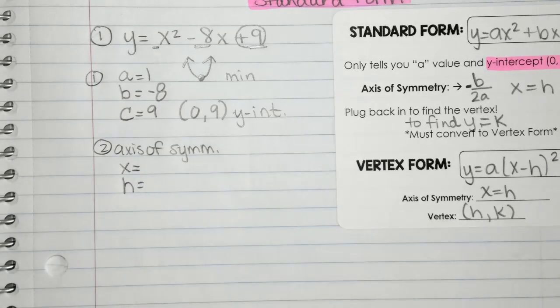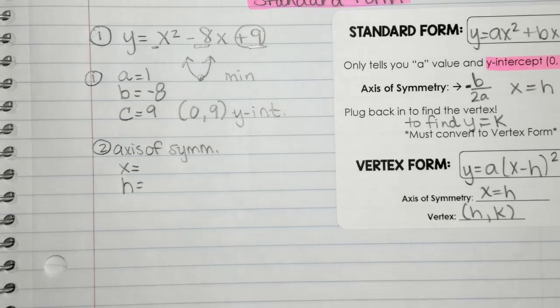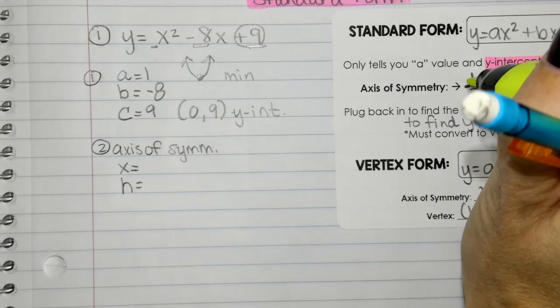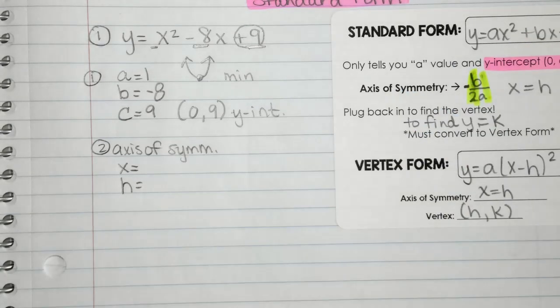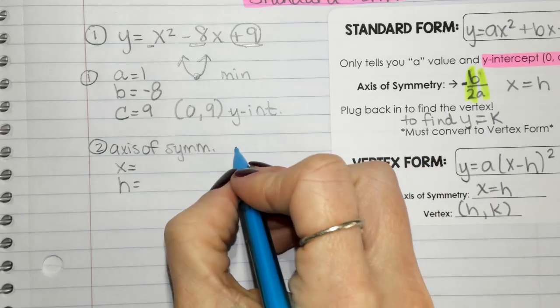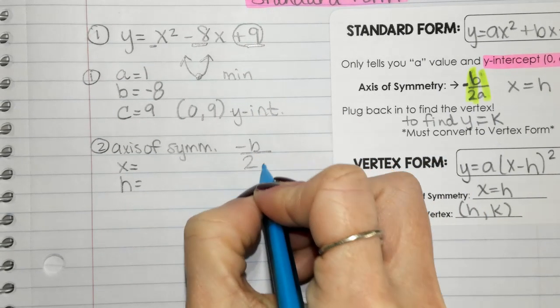So the axis of symmetry, the x value, and the h value are all the same. All we're going to do is use this formula right here to figure out exactly what that is. So negative b over 2a.